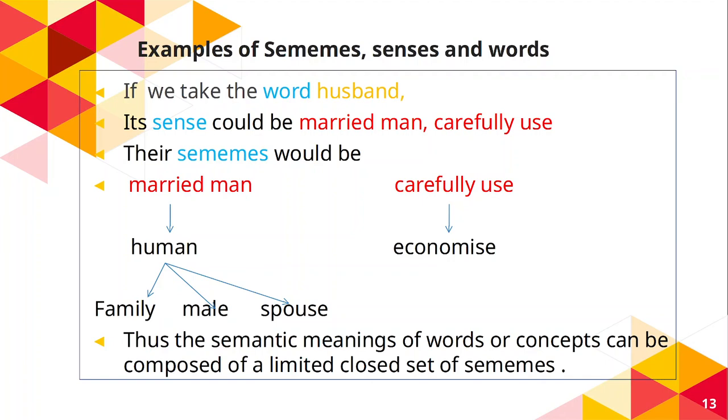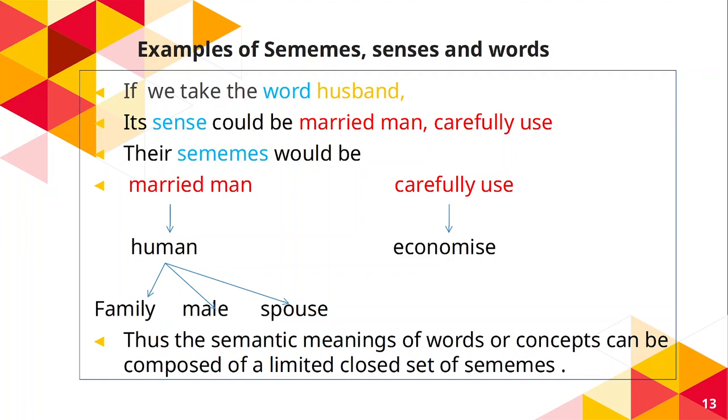This word conveys two meanings. It could be that a husband is a married man, that's very common. And the second is carefully used. You see, husbandry, husbanding the resources and so on and so forth.